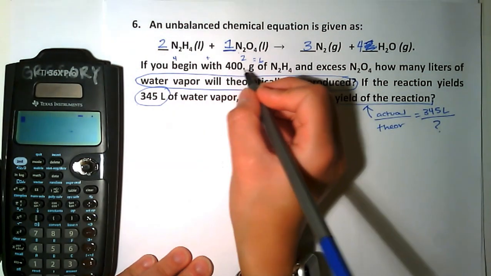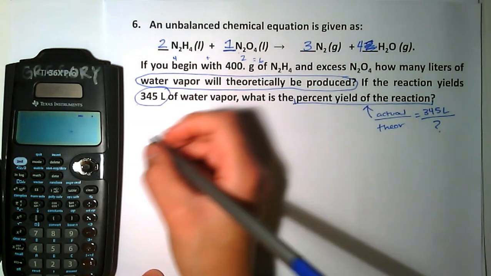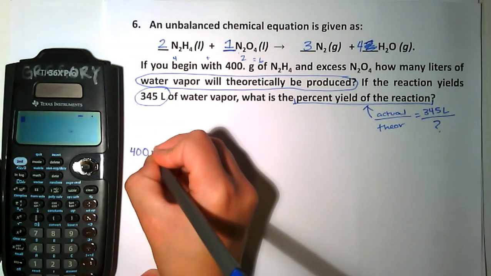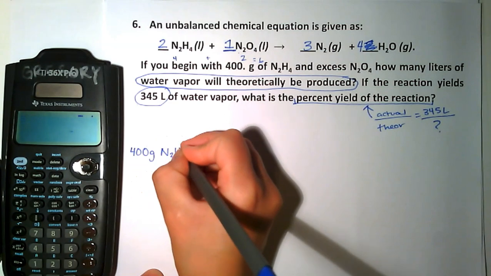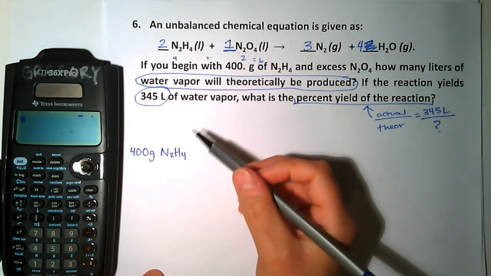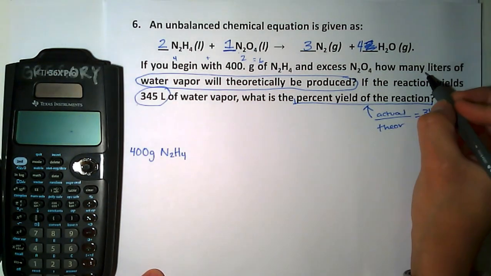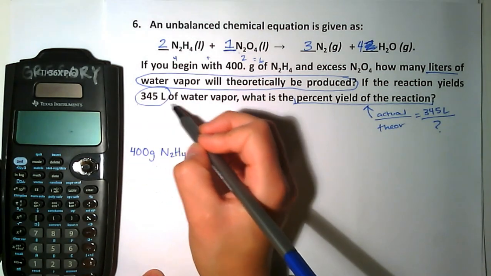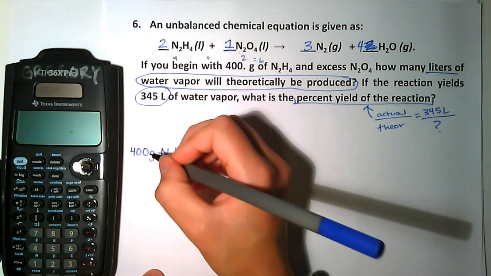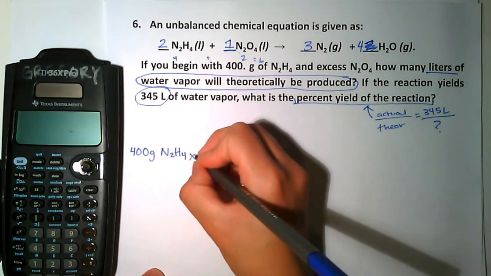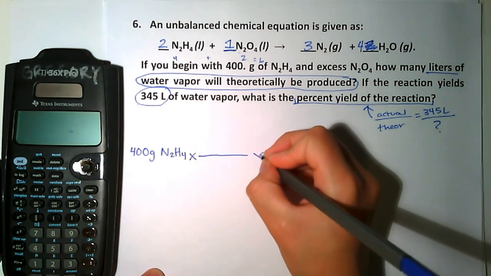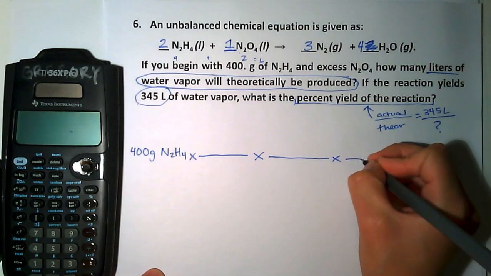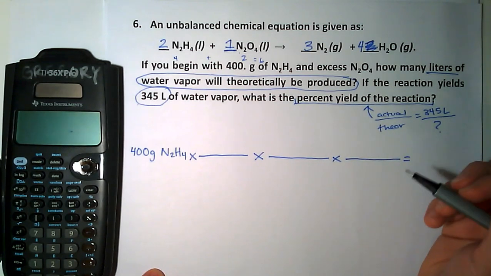So we're starting with 400 grams of N2H4. And take note of the fact that we're looking for liters of water vapor and that our actual yield is in liters of water vapor as well. So this is a gram to liter conversion. So we still need 3 conversion factors, but in the end we're going to get it into liters of water vapor.